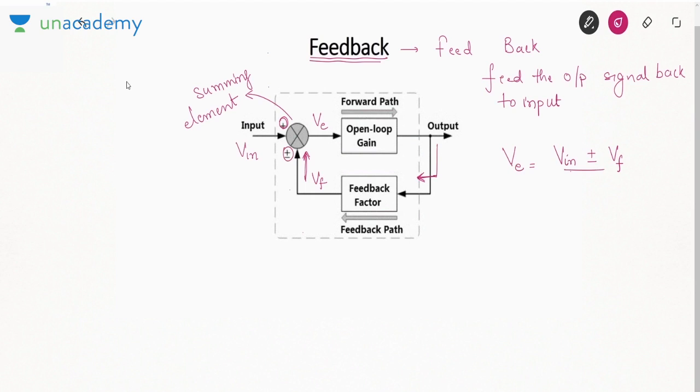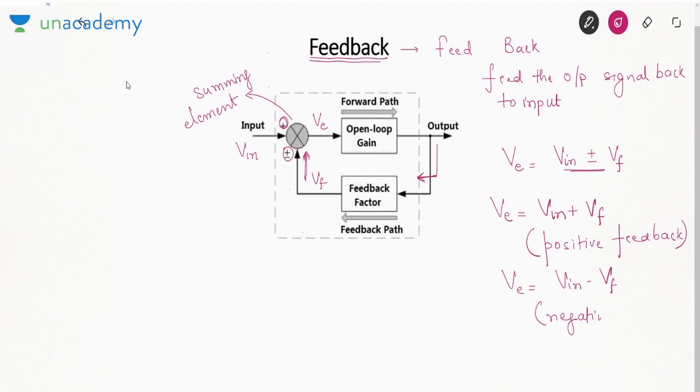If you take Ve as Vin plus Vf, it is called positive feedback, that the feedback voltage is being added to the input. If you take subtraction, it is called negative feedback, that is, the feedback voltage is being subtracted from the input.